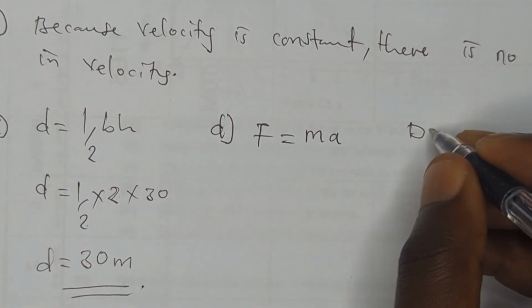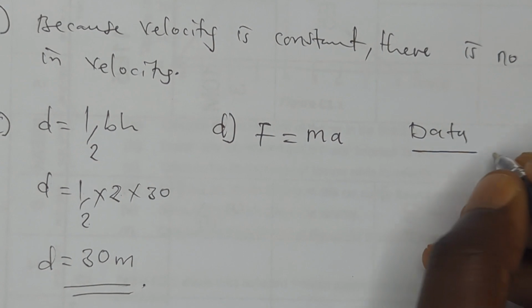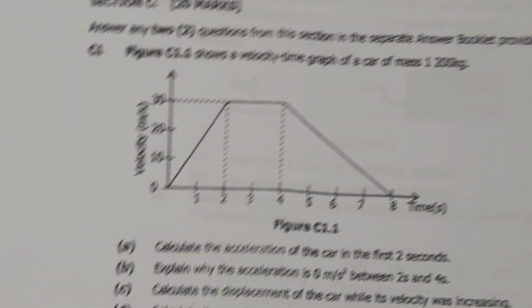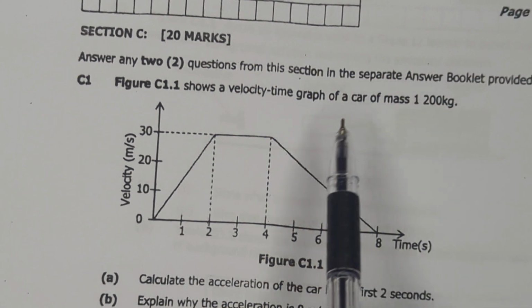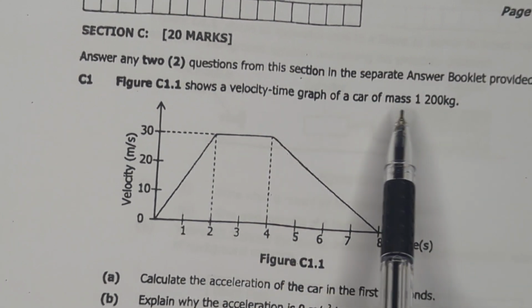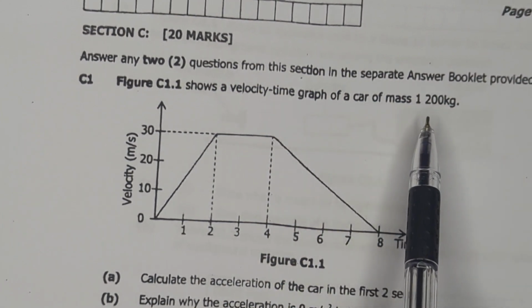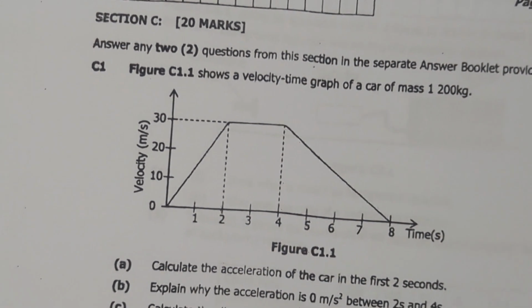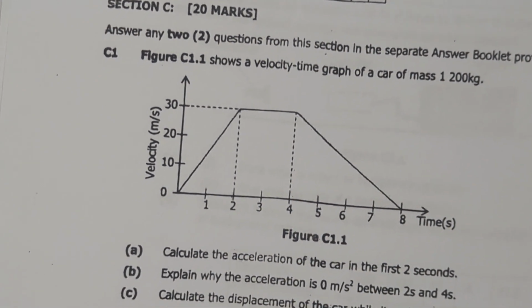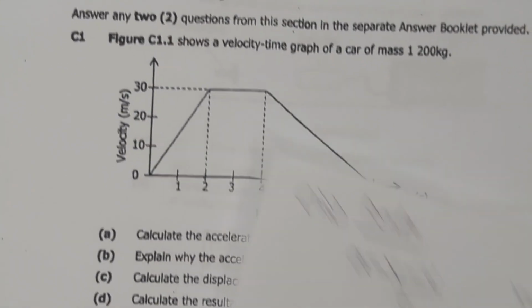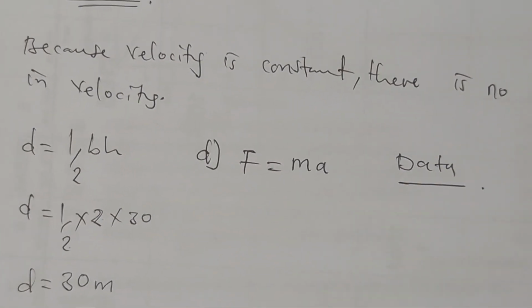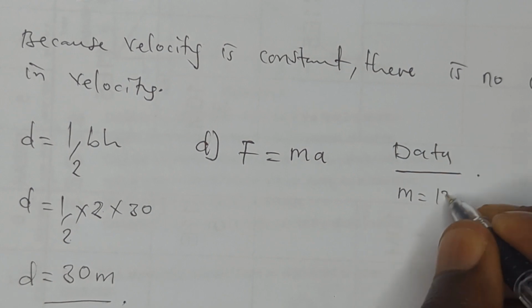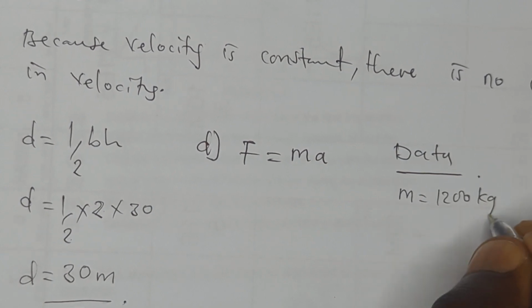If we collect data, in the first statement they said the mass of the car is 1200 kg. So the mass, which is m, is equal to 1200 kg.